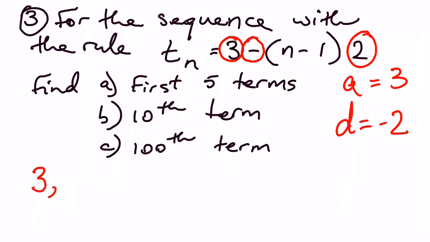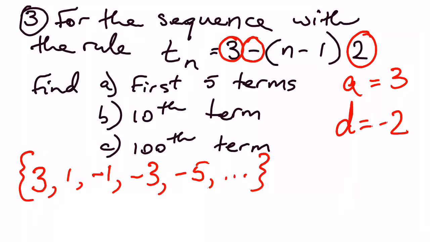Take away 2 gives me 1. Take away 2 gives me minus 1. Take away 2 gives me minus 3. And take away 2 gives me minus 5. That's the first 5 terms. Okay, I might just write it as a sequence like that.